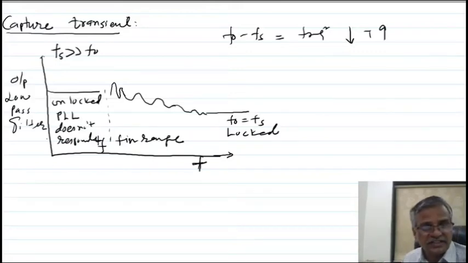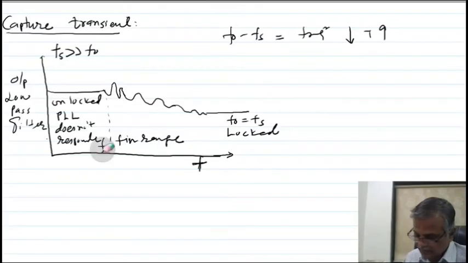Those who have done this experiment have seen that if FO frequency is 4.2 kilohertz and your input frequency is very far from FO, then the PLL does not respond, as you have seen in practical. I will also put the practical on the Moodle platform, then you can see what is happening.